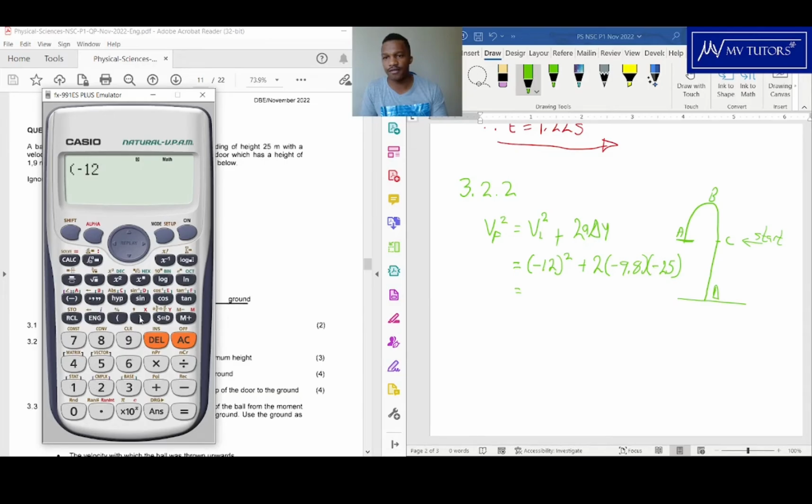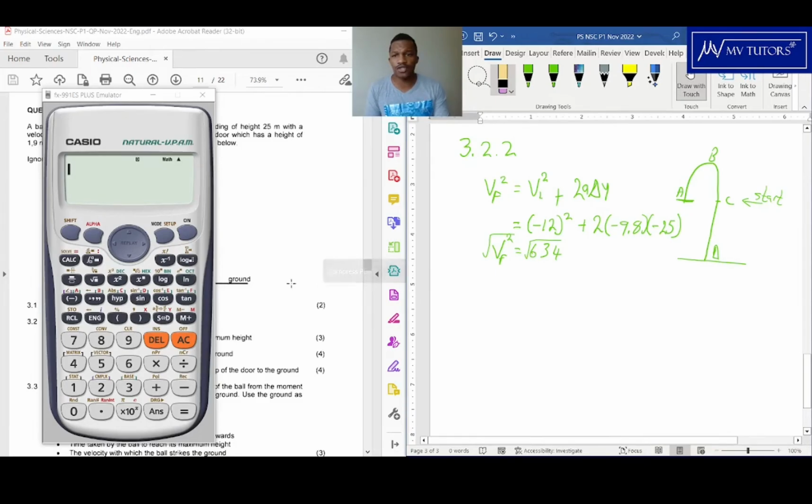Negative 12 squared plus 2, open the bracket, negative 9.8, close the bracket, open it again, and put a negative 25, close the bracket, and our answer is 634. Okay, so remember this is squared.